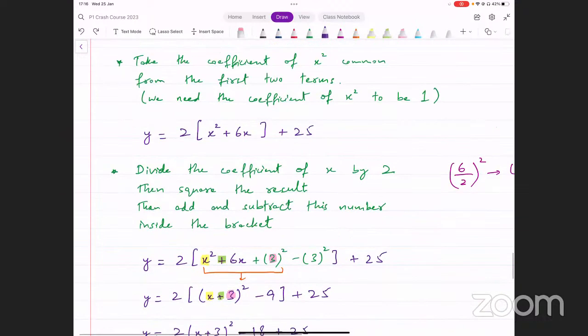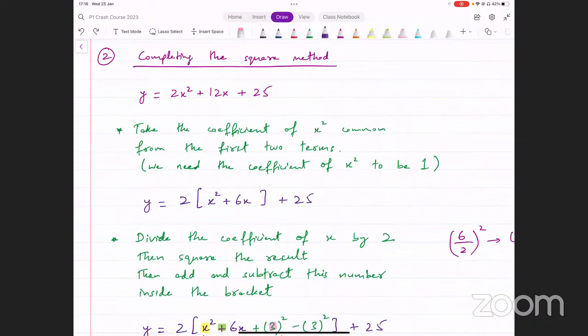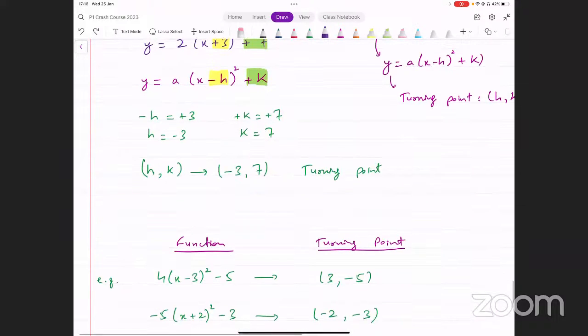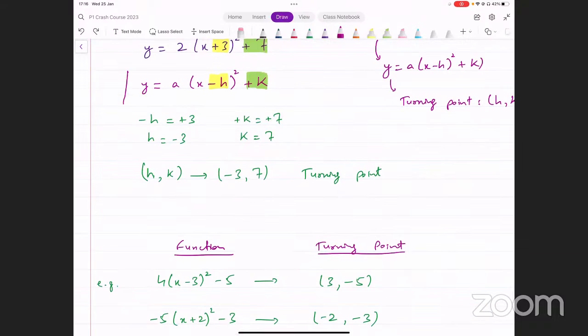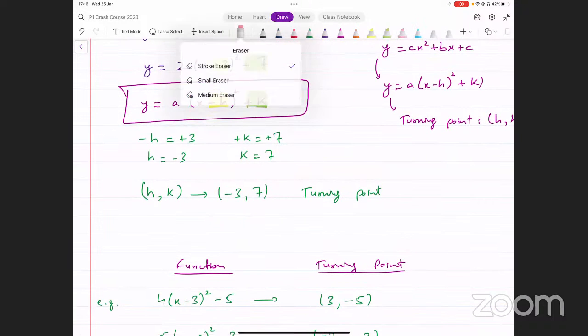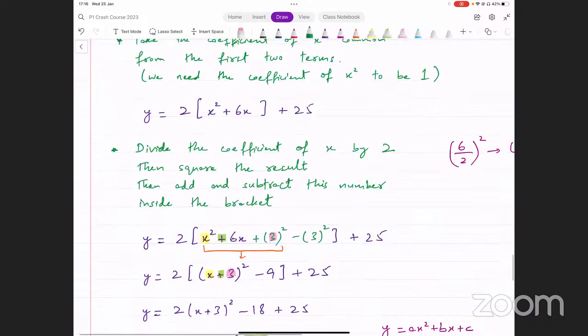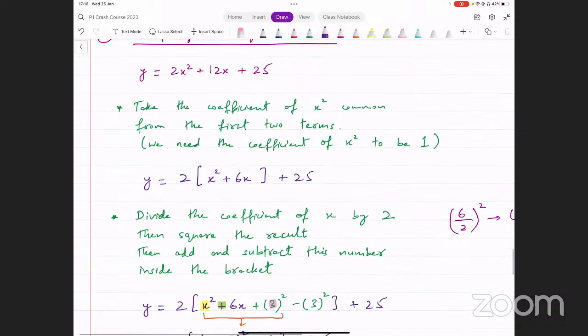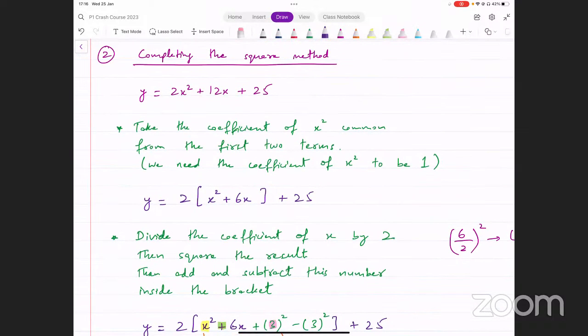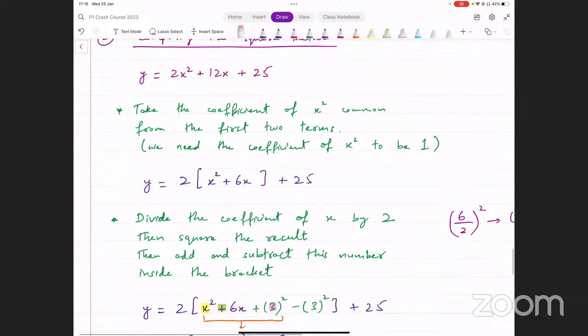You can also do that, but for that you need to memorize a particular form: a into x minus h whole square plus k. If you memorize this form, we can make this process of completing the square slightly simpler, especially when you have some coefficient of x square here. Normally, when the coefficient of x square is 1, it's not that difficult to complete the square using the method that we've just discussed.